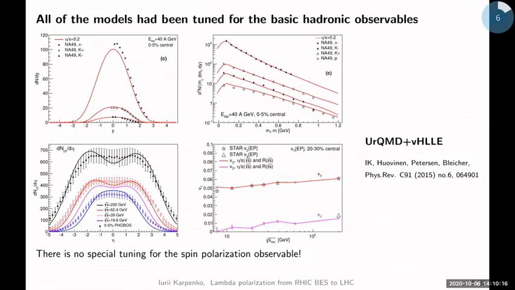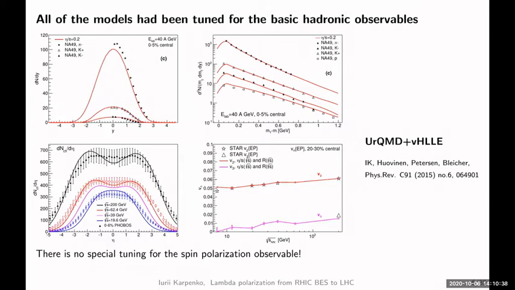So one important point about all the hydrodynamic calculations is that, at least that's my general understanding, all of the models had been tuned for the basic hadronic observables previously.